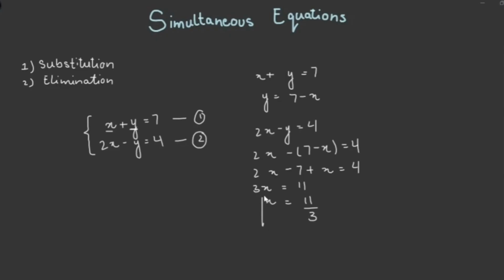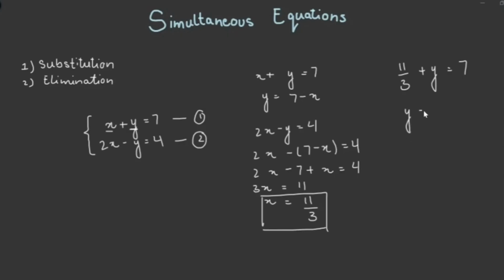Now we have gotten the value of our x, and we can take this value and plug it in any equation and we will get the value of y. So our first equation is simpler, so we would just plug the value in the first equation, and I'm going to just replace x with 11 over 3, and then we have y is equal to 7.